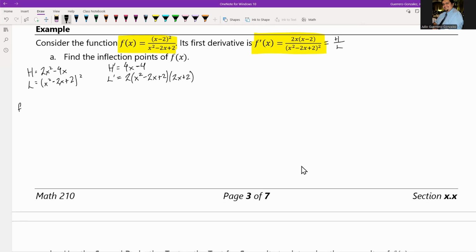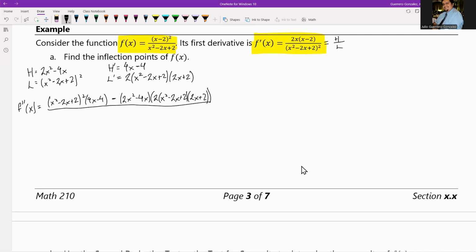So f, I'm going to start writing it this way now. Double prime of x is going to be low, x squared minus 2x plus 2 squared, low d high, so it's going to be times 4x minus 4, minus high, 2x squared minus 4x times d low, so it's going to be this one right here, right? 2x squared minus 2x plus 2 times 2x plus 2, all over the bottom squared.